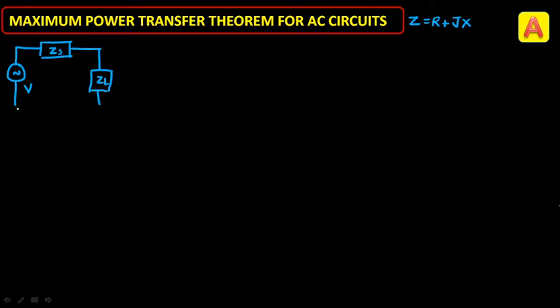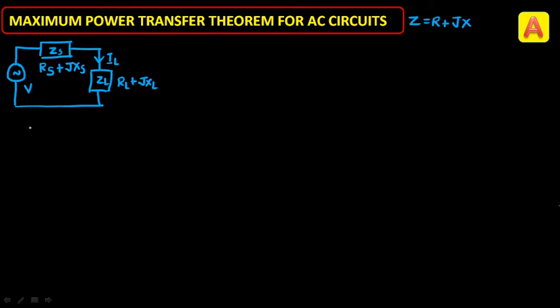ZL is the load impedance, and ZS is the source circuit impedance. We can write ZS as RS plus jXS and ZL as RL plus jXL. Let us assume IL is the load current.